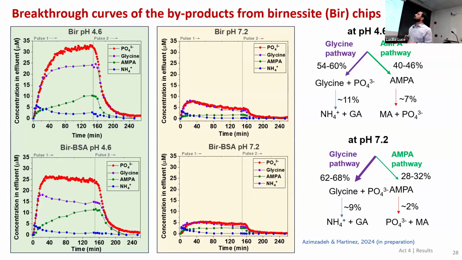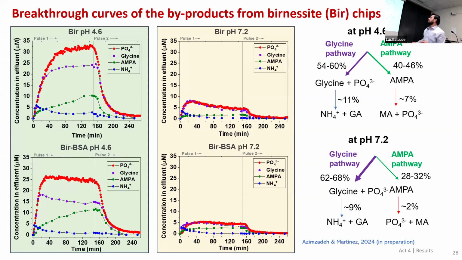Now we are looking at breakthrough curves from those microfluidic reactors when we have birnessite, and in the next slide, we're going to look at husbandite. I sorted the results based on pH. On the left-hand side, we have pH 4.6, and on the right-hand side, pH 7.2.